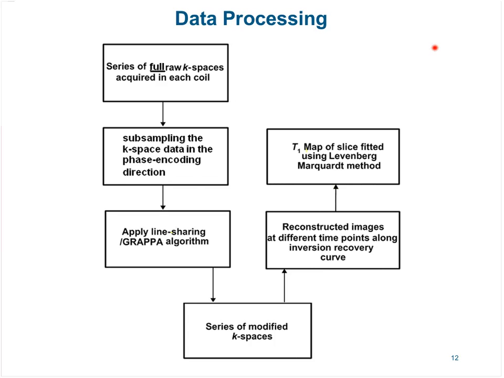Then you have series of modified k-spaces, and then you apply the inverse Fourier transform to reconstruct the images at different time points along inversion recovery curve. And then the T1 map of single slice is fitted using Levenberg-Marquardt algorithm for accurately reconstructing the T1 map. And all the time points acquired are used for generating a single T1 map.